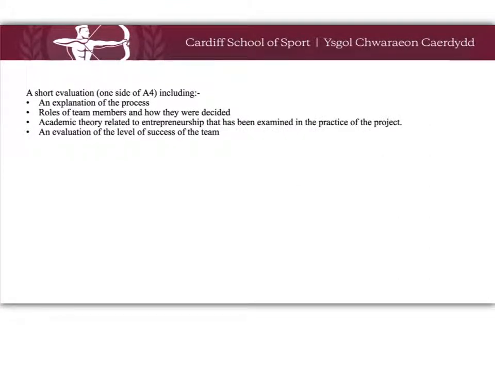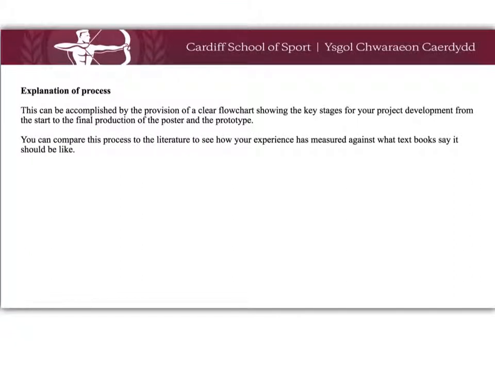So this one side of A4 will show how and what stages your team developed the end idea. So through ideation, the creative process, how you formed, and how you got to the final production stage. So just some bullet points or flowchart identifying the clear stages of the process that you went through.